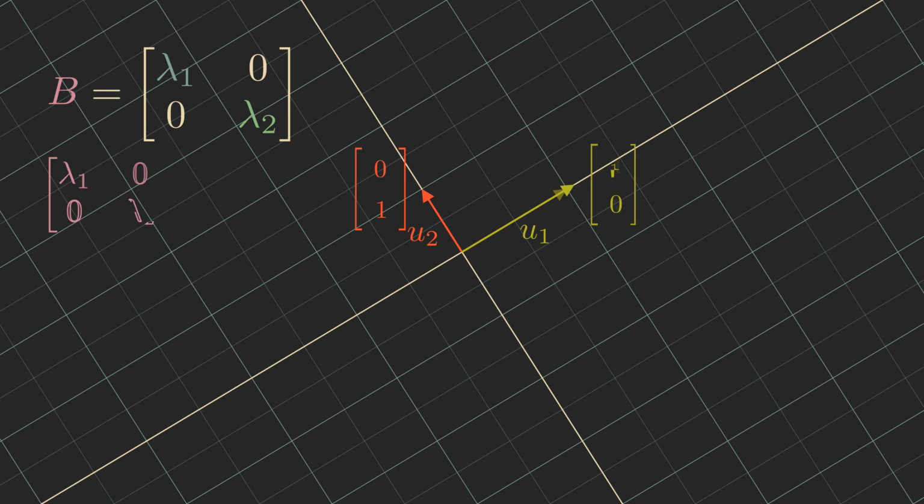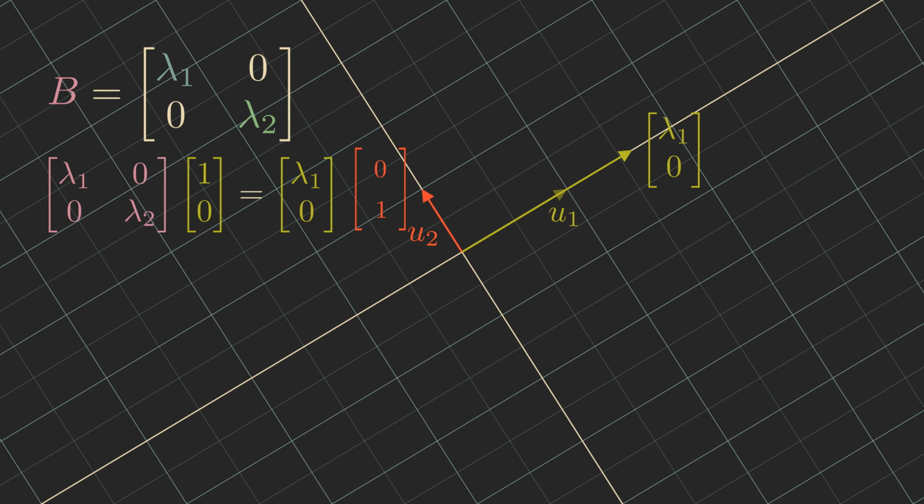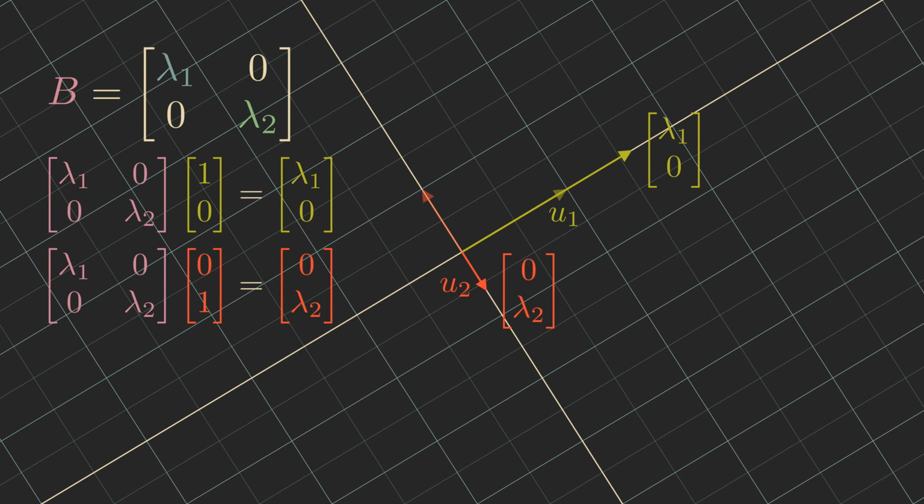When we multiply U1's coordinates by B, we find something interesting. We get lambda 1, 0, which is a scaled version of U1, scaled by lambda 1. And when we multiply U2's coordinates by B, we get a scaled version of U2, scaled by lambda 2.